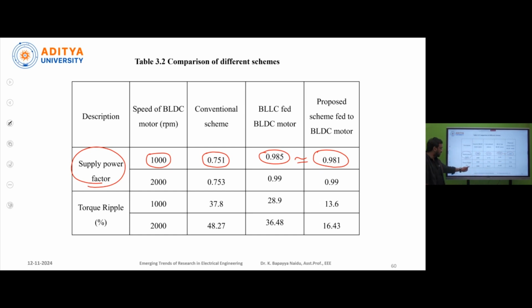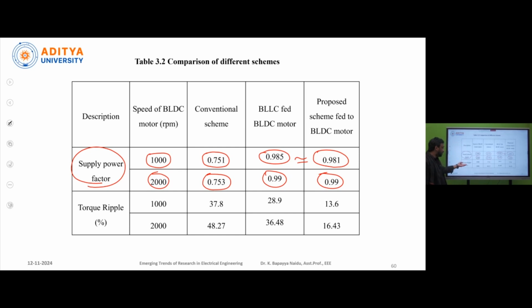Okay, when the motor is running at 2000 RPM, in the conventional scheme we obtained 0.753, and whenever you are using the PFC converter, it is 0.99, and the proposed scheme is 0.99.